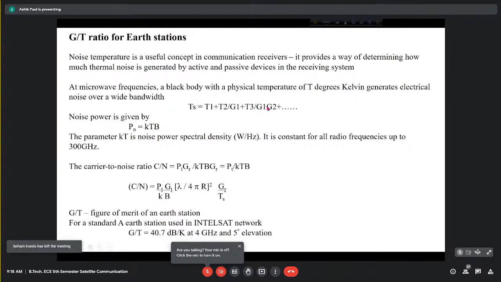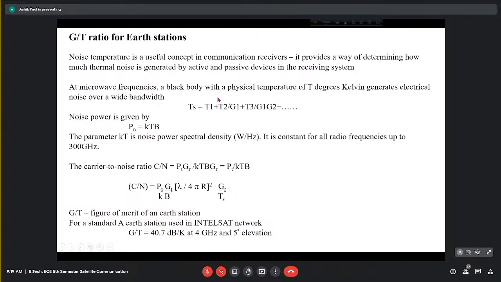The gains are very large for the initial stages, so as to boost up the signal. And so the higher order terms gradually become insignificant. So it may be the first two stages, or at best the third stage. But beyond that, the contribution of the noise temperatures from the other stages becomes insignificant.